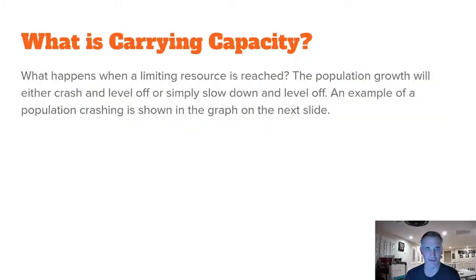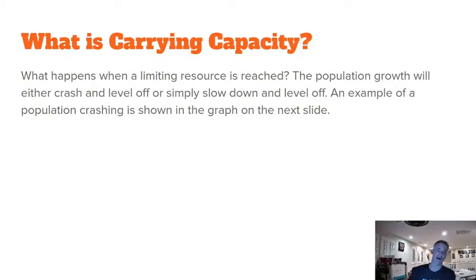The competition. All right, so let's move back to carrying capacity. We kind of introduced this in lesson 1. We'll move back into it in lesson 2 because it's such an important topic, right? So what happens when limiting resources are reached? The population growth will either do one of two things.